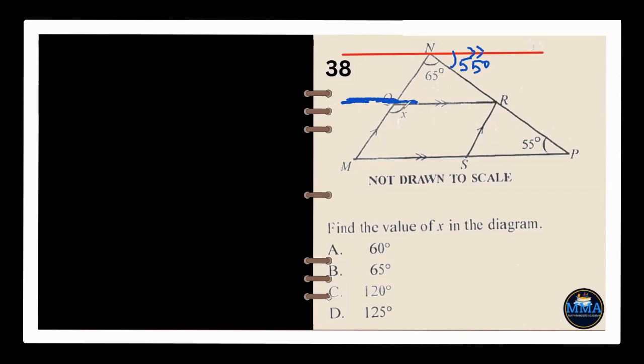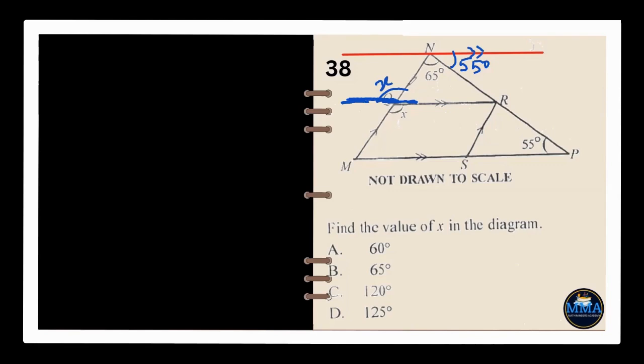If you look at this angle outside here, and then this angle, we can get an angle here, which is also S, vertically opposite. This is X, vertically opposite. Vertically opposite.